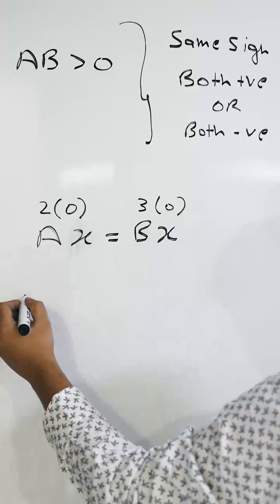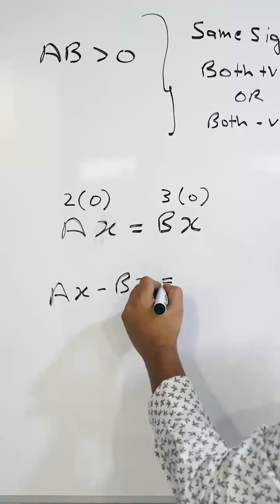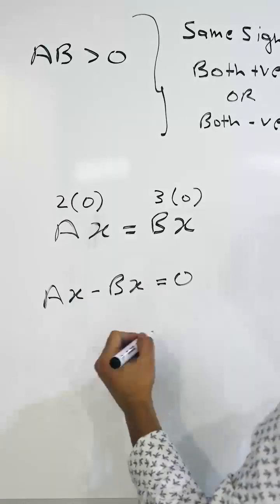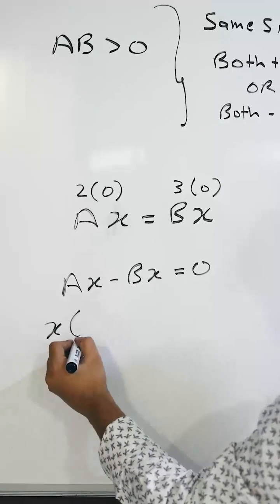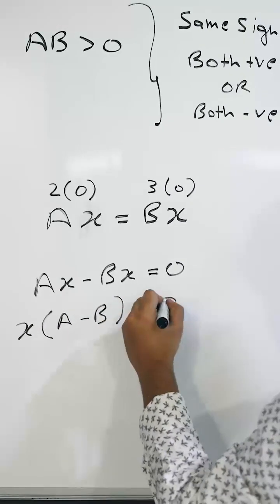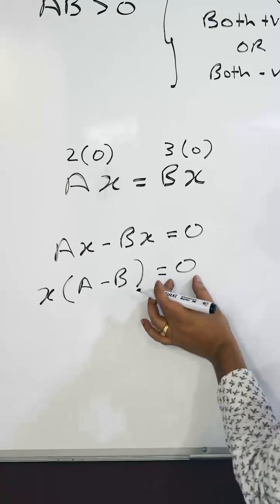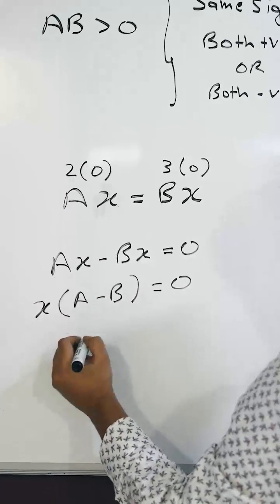We take everything on one side. So AX minus BX is equal to 0. Now if I try solving it further, I will take X common from this expression. That will give me X times (A minus B) is equal to 0. Now the product of two terms is equal to 0. That means what?